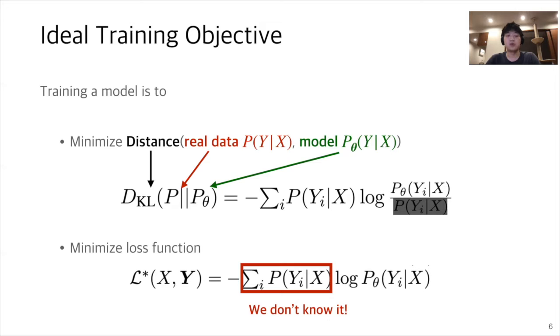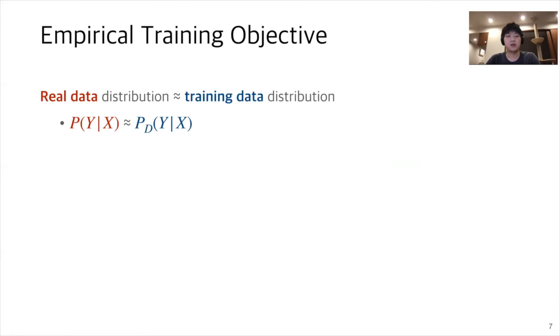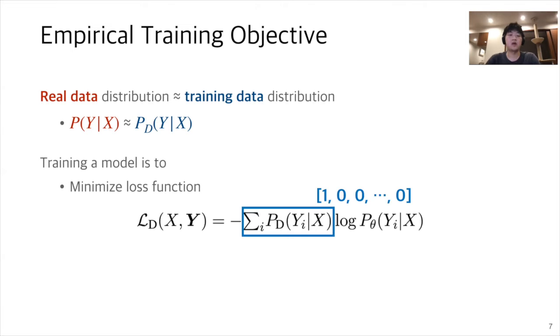In order to build a computable loss function, we have to replace the real data distribution with the training data distribution. So with our training data D and its probability distribution P_D of y given x, we get a new loss function where the summation over all the possible responses becomes the probability of the given response.